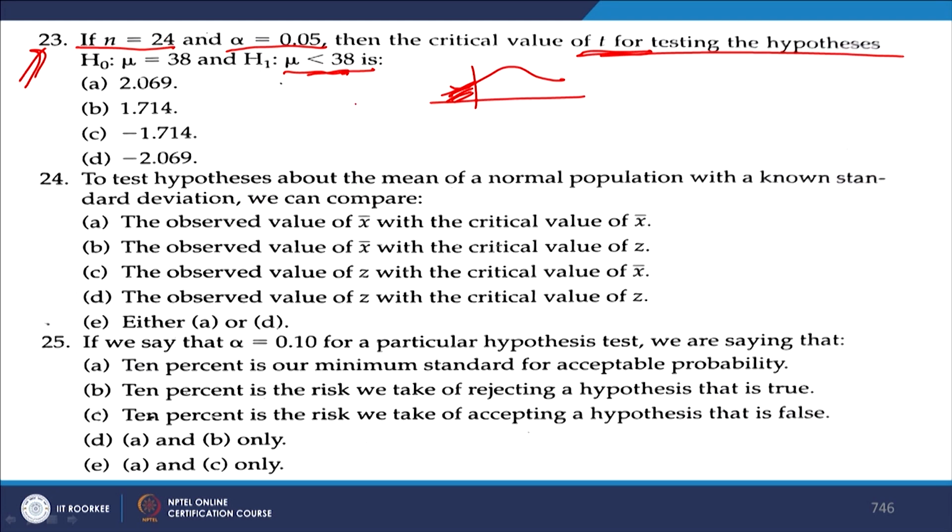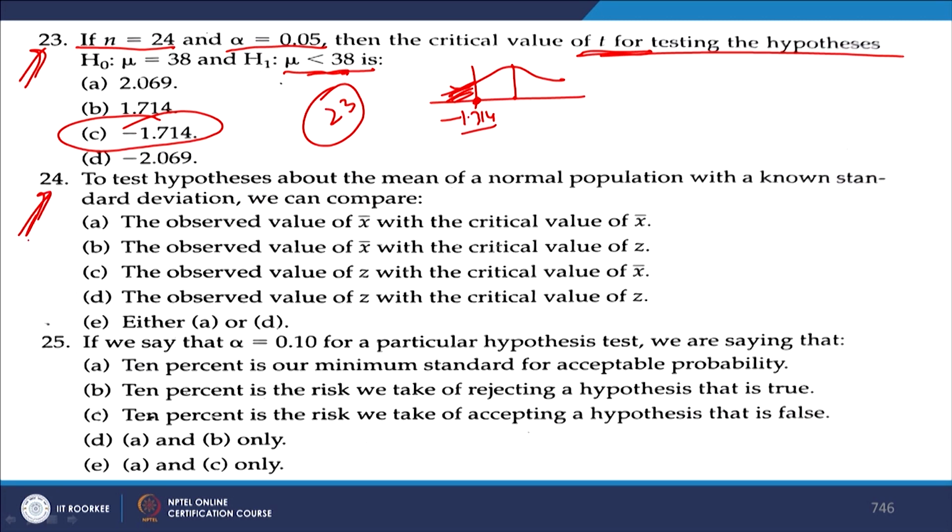You should be looking at 23 degrees of freedom, is not it? And under which column? You need to look at the 0.90 column, right. So, the t value for this question is this. This is in fact a left tail test, so it is minus 1.714. This is a very simple question, you can easily find the answer.